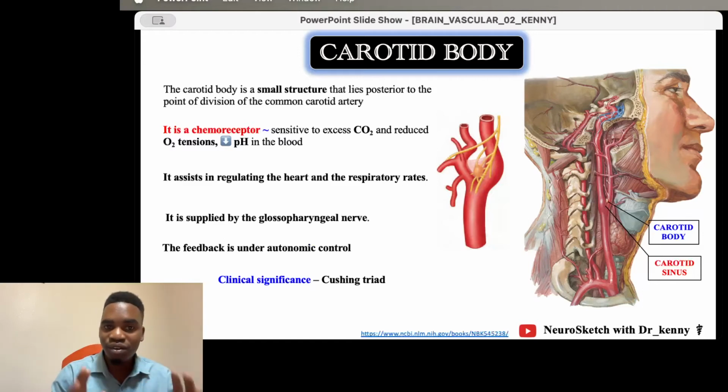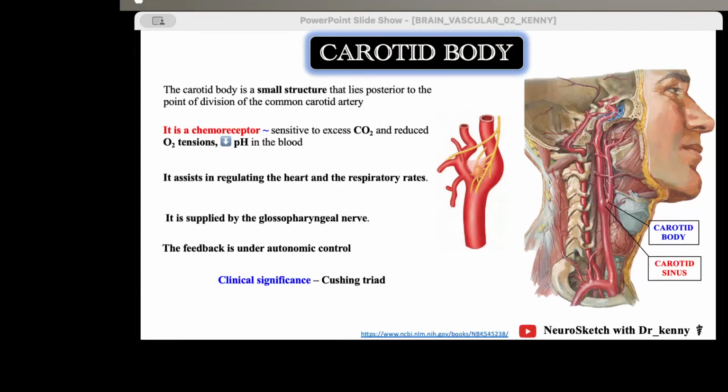I know we cannot talk about the Cushing triad at this point, but if you understand how the carotid body works, you will understand the Cushing triad, and I will have a separate discussion about the Cushing triad. So that is it from today's discussion on these three structures.